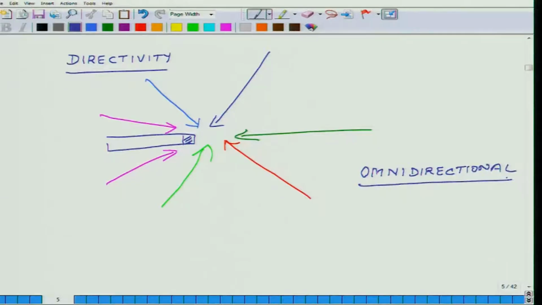A microphone which can hear all types of frequencies coming from all directions with the same amount of sensitivity is known as an omnidirectional microphone.